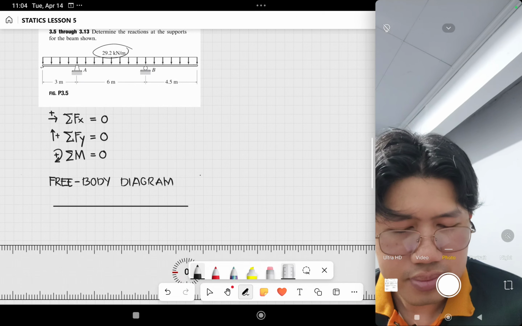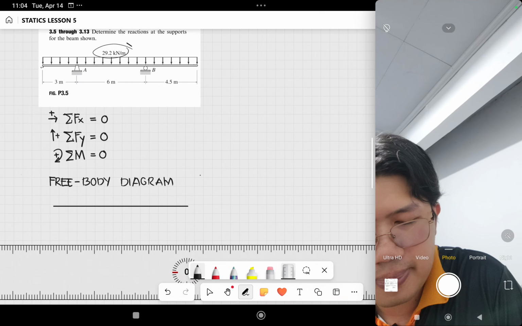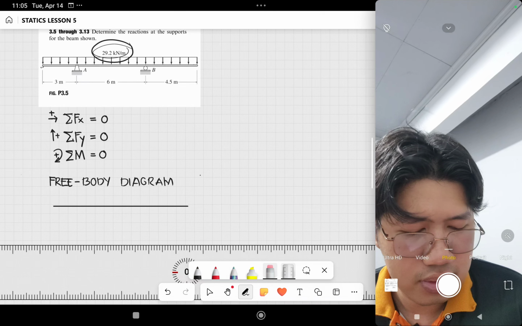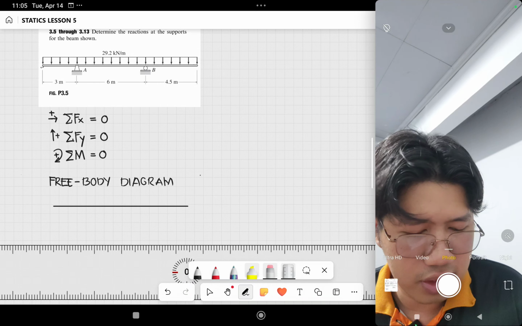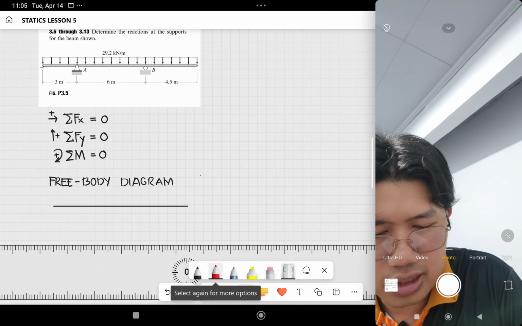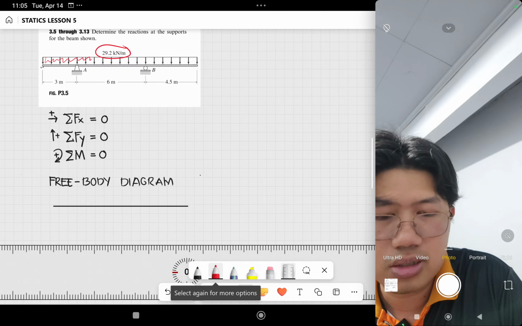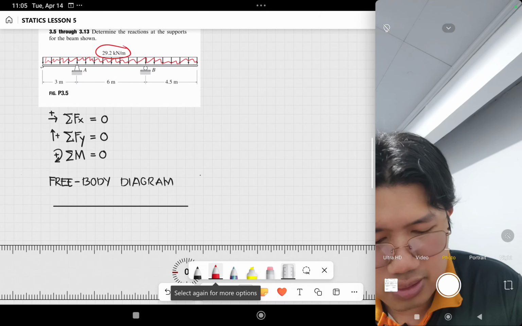Okay? So, i-resolve muna natin ano yung magiging force niya or kanyang equivalent resultant force. So, ginagawa natin is we get the area of the distributed force. So, ano yung area ng distributed force na to? So, that is 29.2.